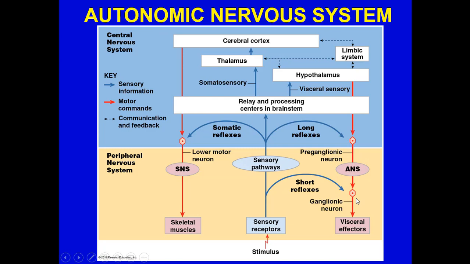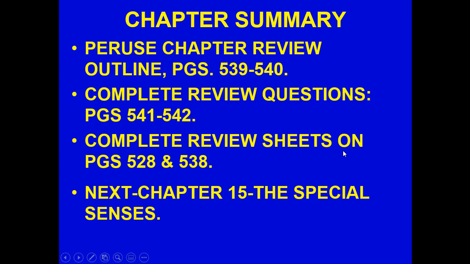Some of them may be short reflexes. Notice that the pathway between here to here is very short, simply sensory to ganglionic neuron to visceral effector. Long has to go through the sensory pathway and has to go back down. But no matter what you do, you still have the visceral effectors affected.